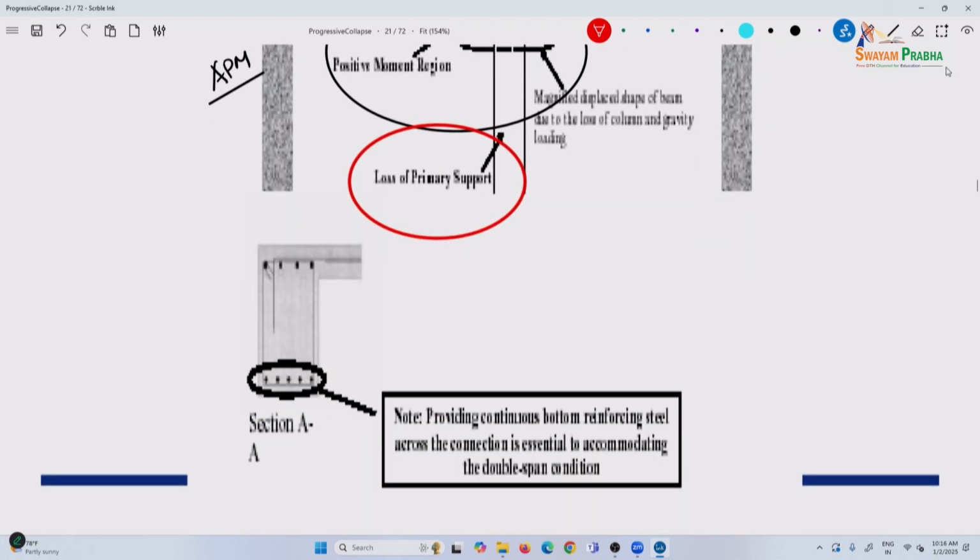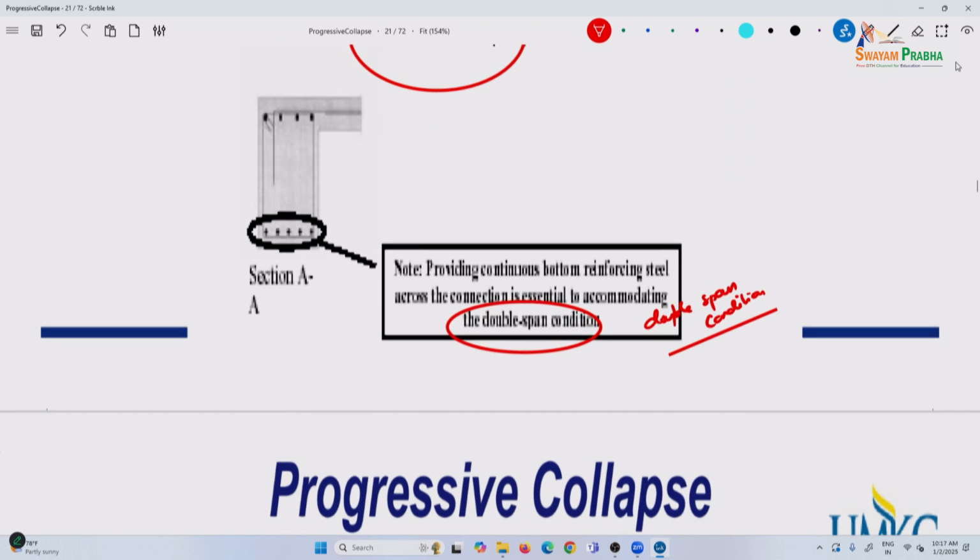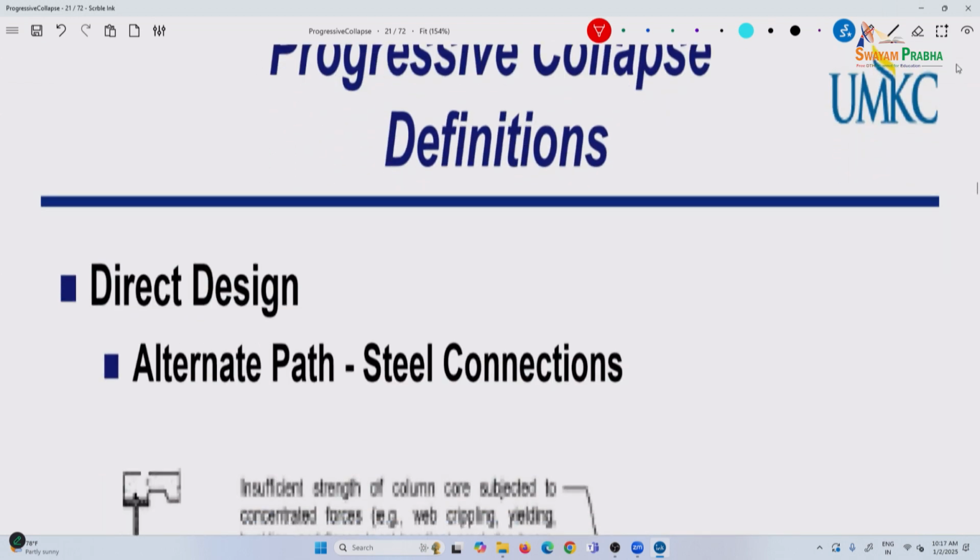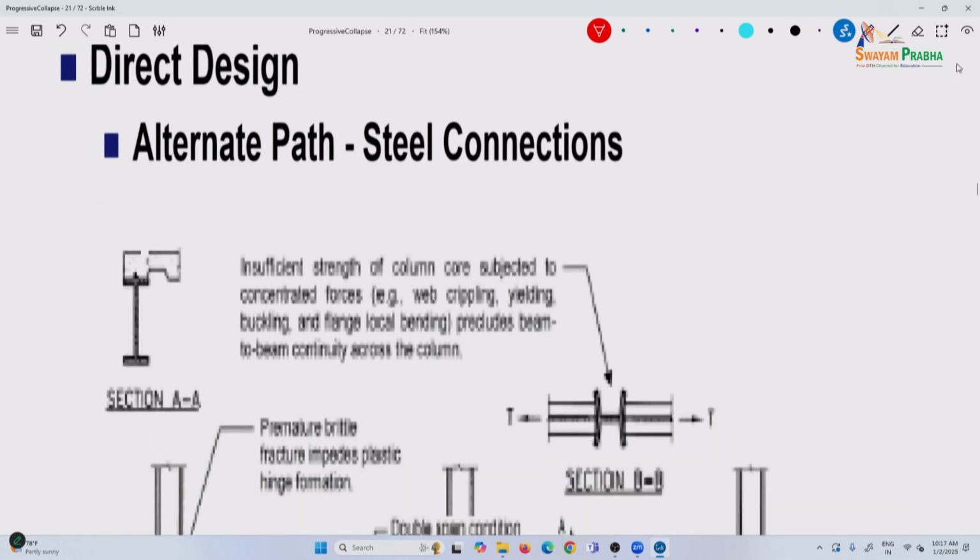Other thing we talked about is providing continuous reinforcement across the connection. I do not know if you can read it, this is a double span condition. It does mean excessive congestion of reinforcement at the junction, no doubt about that, but that is part of what you are doing here.